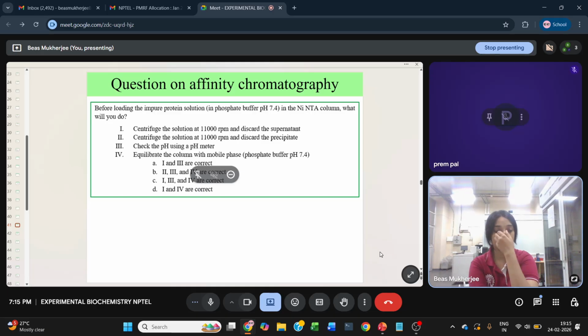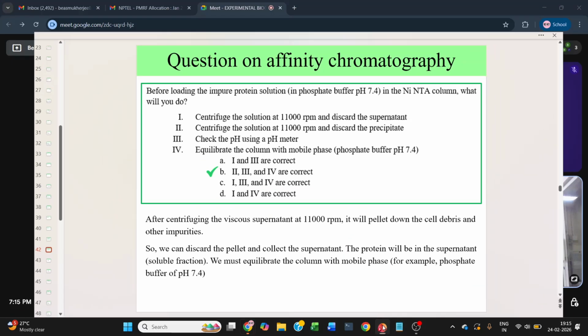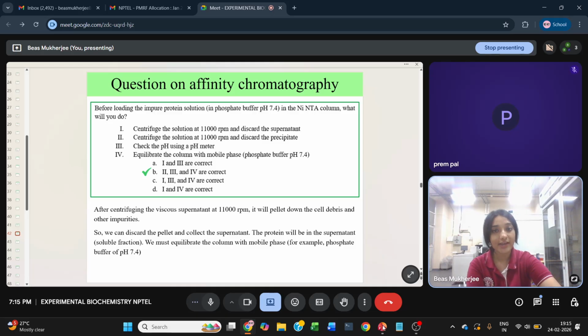Okay, we look at the answer, no problem. The right answer is B. Why is that B? The bacterial protein that you're growing, you sonicate so that the bacteria are broken open and the protein comes into the solution. And you spin it.